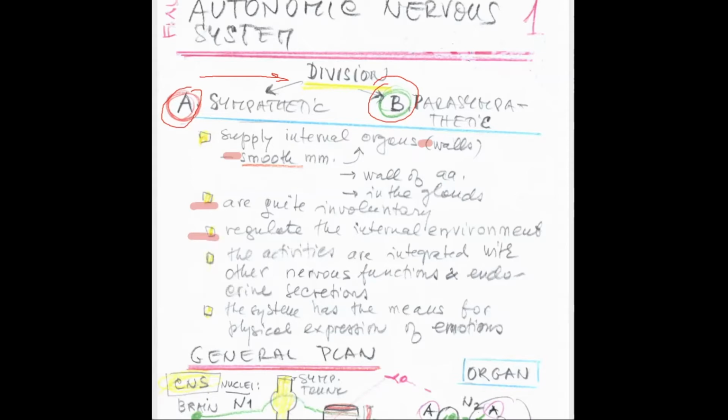They are connected with the activities, so the activities are integrated with other nervous functions and also endocrine gland functions, secretions. The system has the means for physical expression of emotion. We will see how the autonomic nerves innervate the glands, sweat glands of the extremities, in the hands, in the palms, etc. But if we look at the general plan, it will be better on the next page.